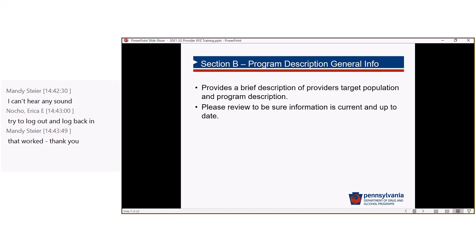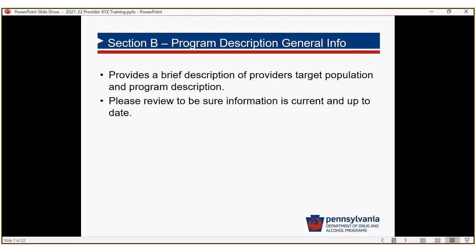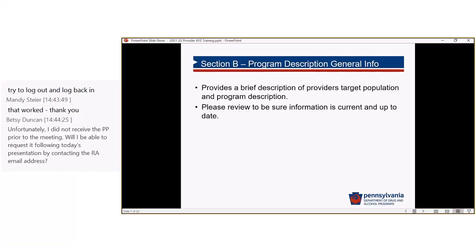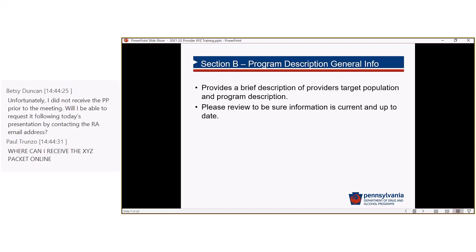So we are now on page 7 of the XYZ packet. And here's where we start to get into the program descriptions of each of the programs that your provider offers for which you are requesting a rate.